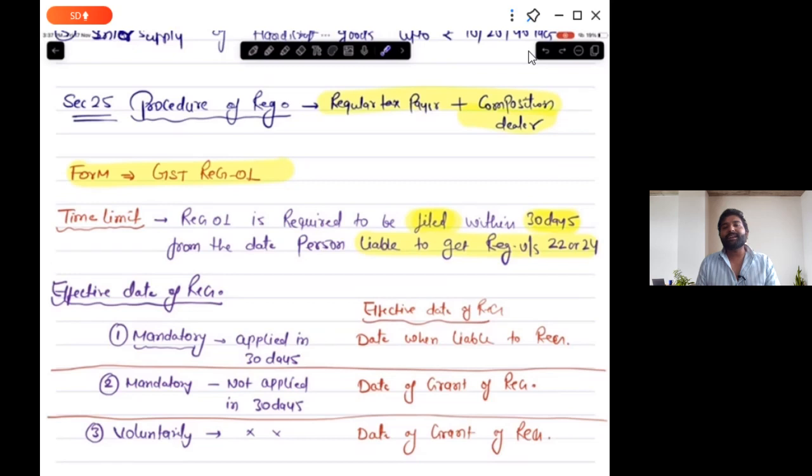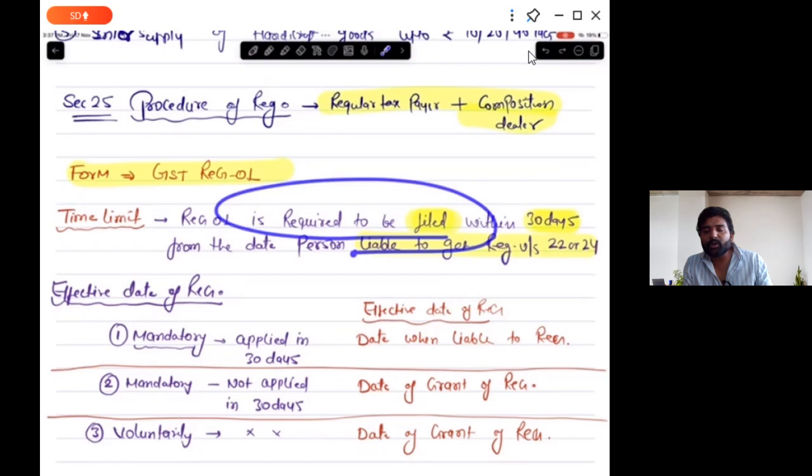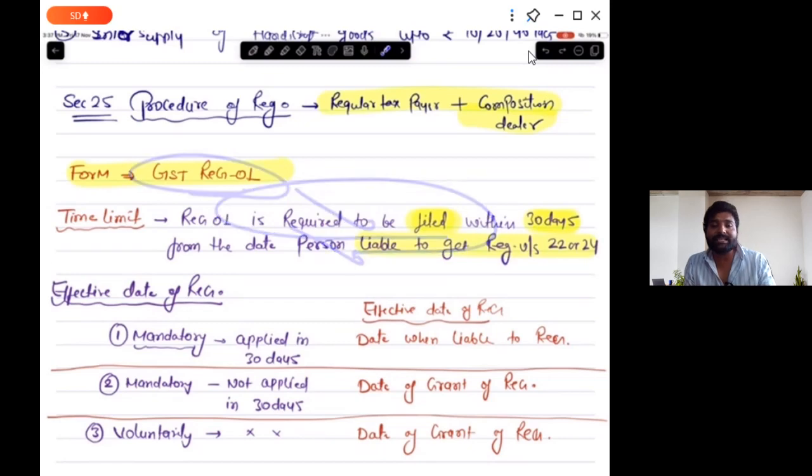From that date, I will get 30 days to get registered under section 25. So I need to file this REG01 form within 30 days from the date I am liable to get registered.